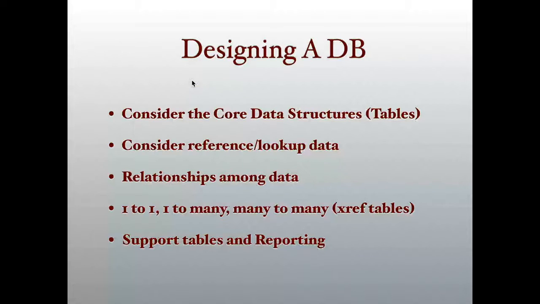So for example, a state. We're going to have users and we're going to keep their address. Since they're going to have states, we're going to have a lookup based on states. And so the user table is going to refer to our lookup states table.